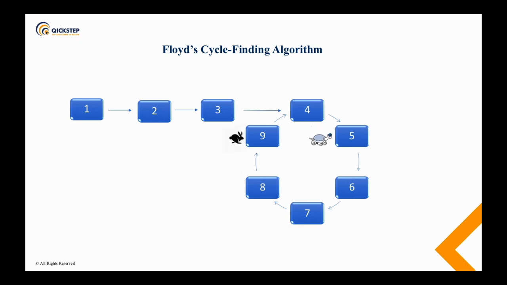Now after 9 you can see the hare has already entered the cycle. So the hare jumps to node 5 from node 9 and the tortoise jumps from node 5 to node 6. And in my next iteration, you can see that both the tortoise and the hare meet at node 7. So at this point we can easily conclude that there is a cycle in our linked list and we could return from our algorithm accordingly.